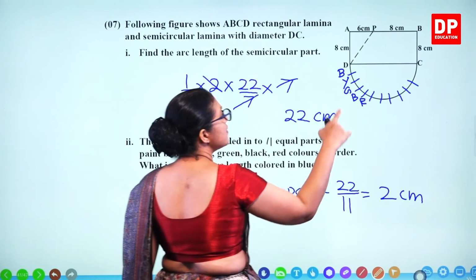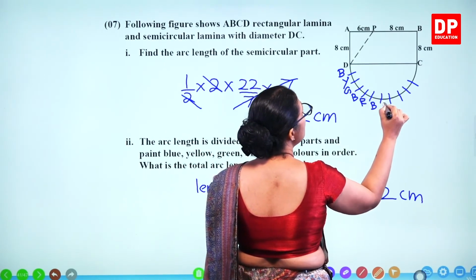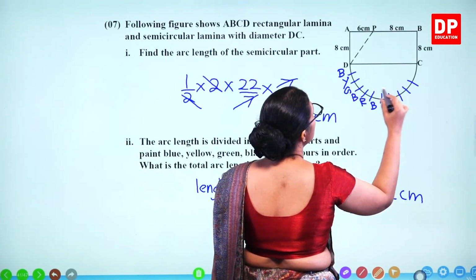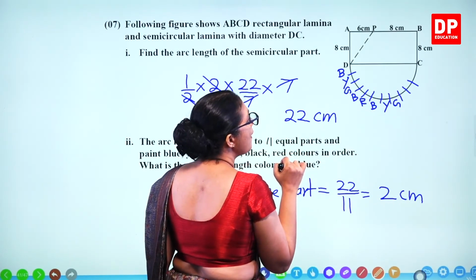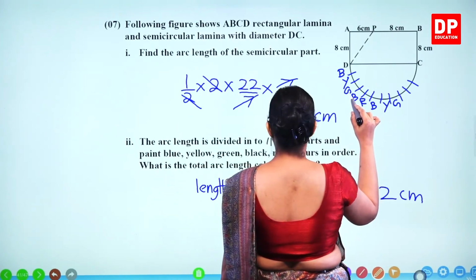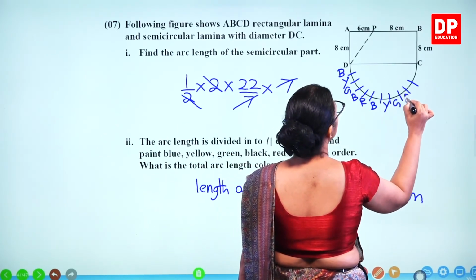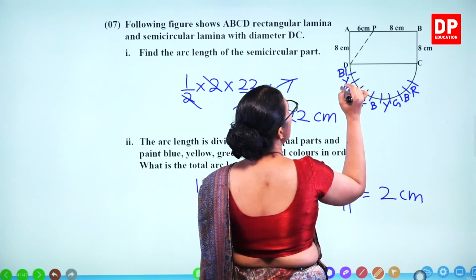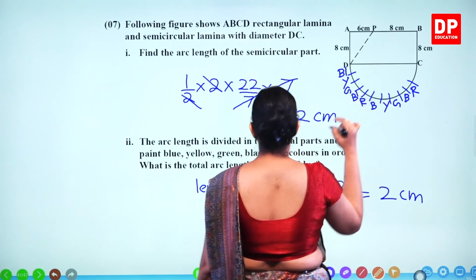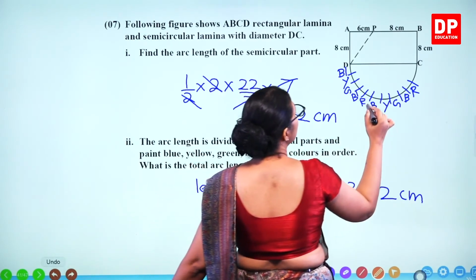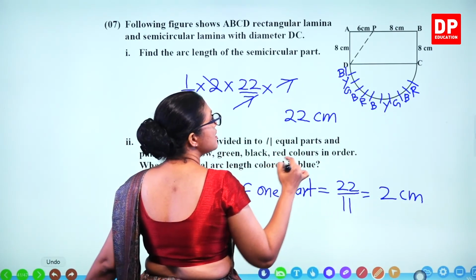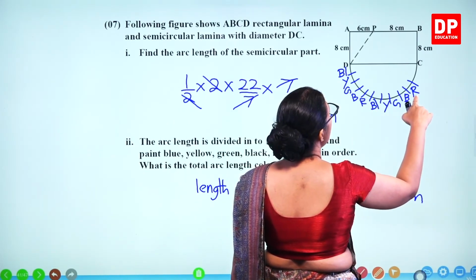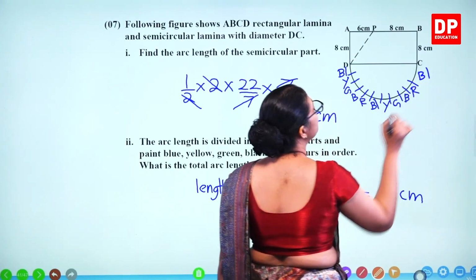Again, same colors repeat. Blue, yellow, green, black, red. I'll put BL for blue, because otherwise same letter for black and blue. Red, again you get blue.